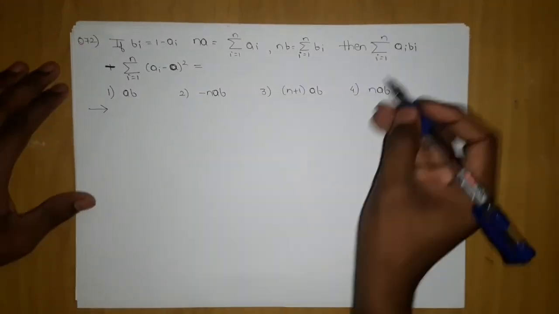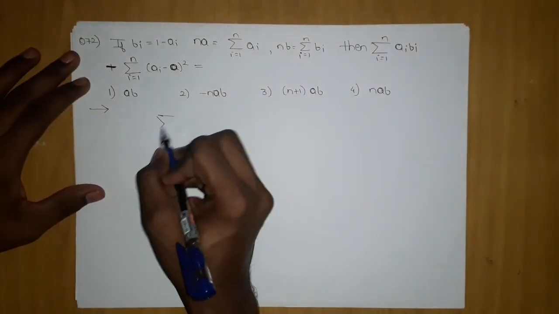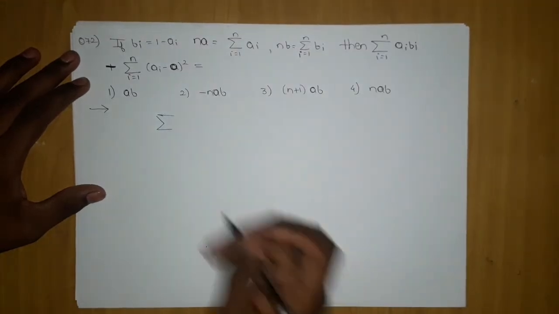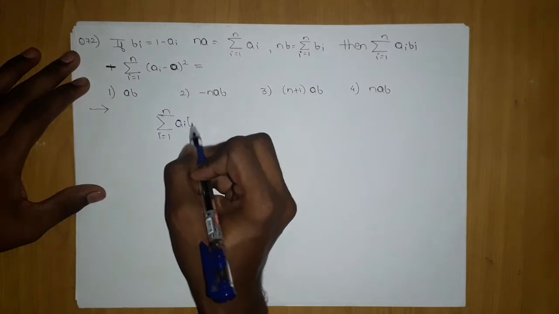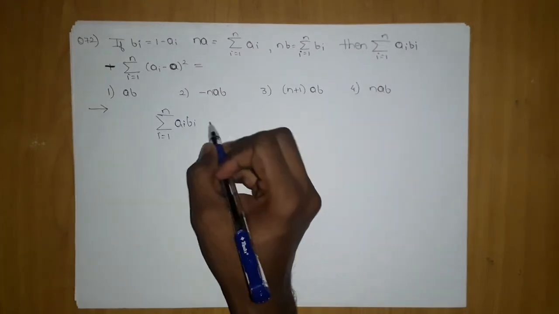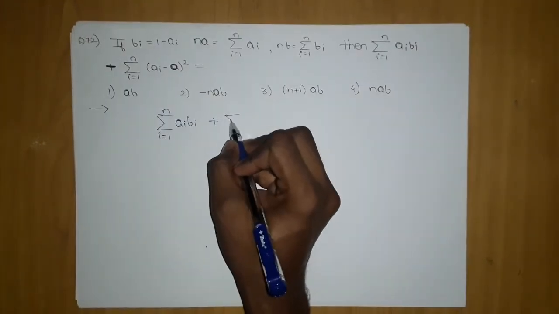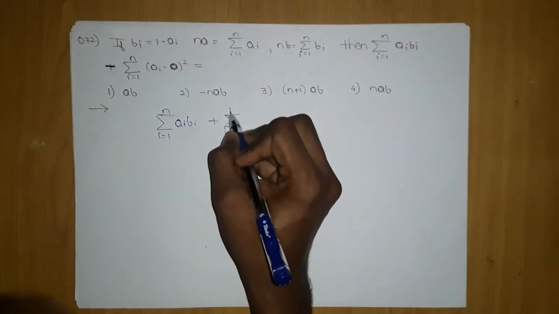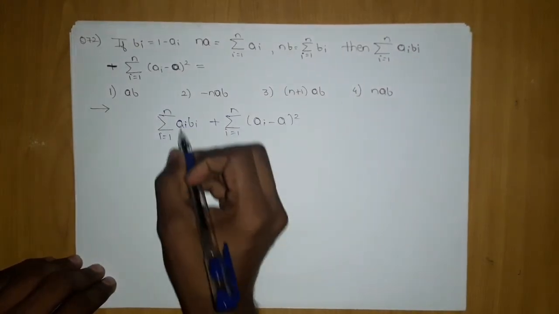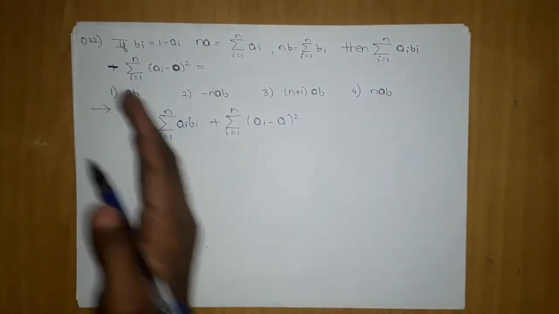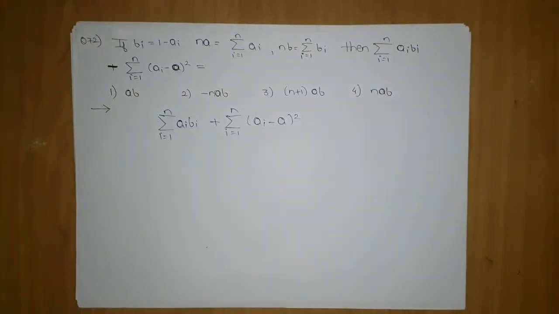Okay, now the first thing we will try to open the things. In the starting lecture I have told you that in sequence series never get scared with the summations. Until you open them, you will not be able to understand what they are really telling. So let's open this. Listen to this statement very carefully.